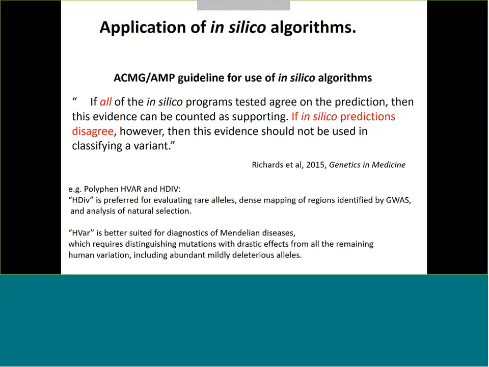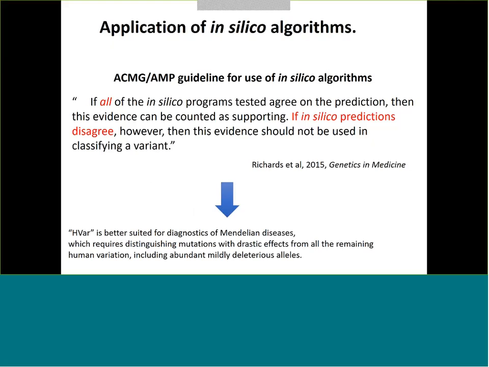HVAR, on the other hand, is more suitable. So you would like to use HVAR as opposed to HDIV when using the ACMG-AMP guidelines, but this is not clear from the guidelines. This is just one example, and I'll go through at least four caveats that you may run into if you are using this guideline literally.